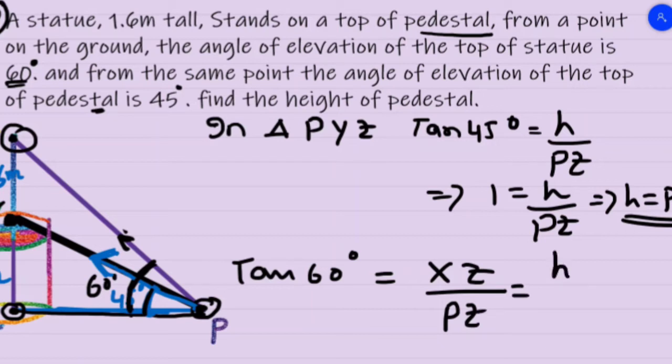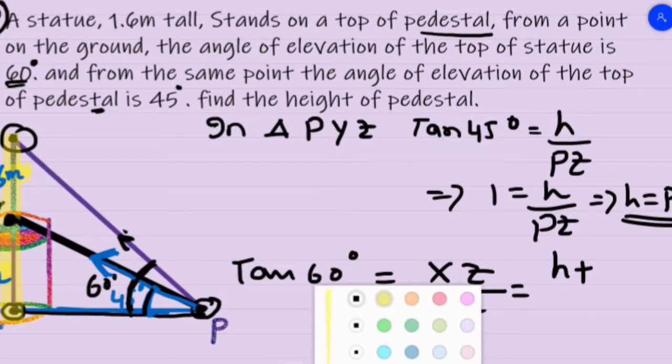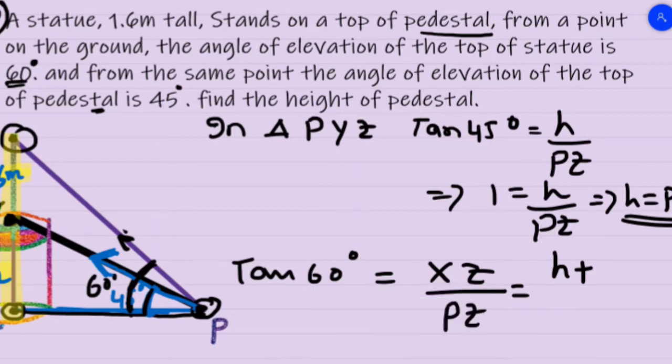You can see nicely, XZ means this 1.6 plus this H. So H plus 1.6 divided by PZ is your tan 60 degrees.